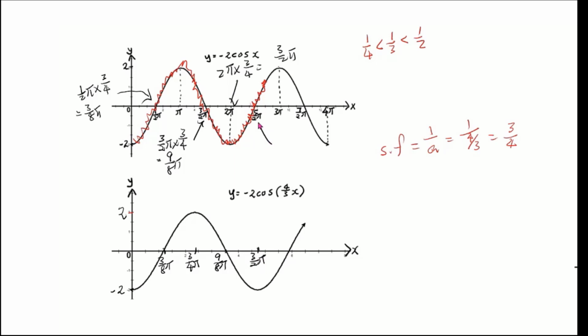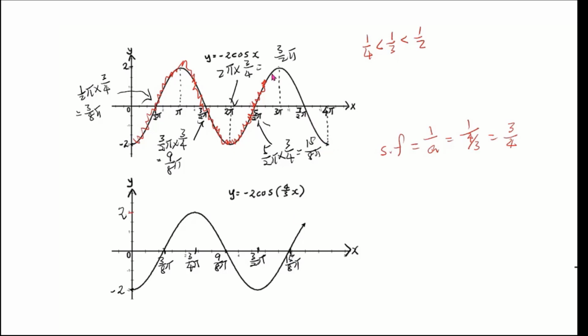Next, this one is an x-intercept. Before enlargement is 5 over 2 pi. After enlargement, we will get 15 over 8 pi. So we label here 15 over 8 pi.